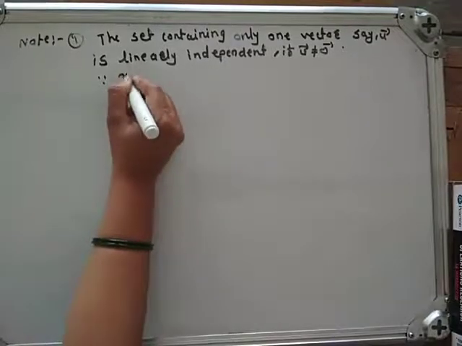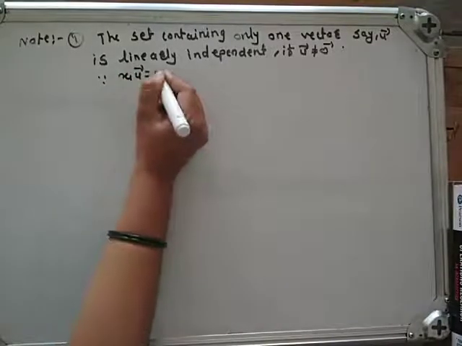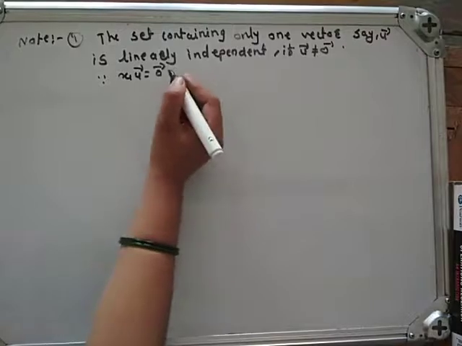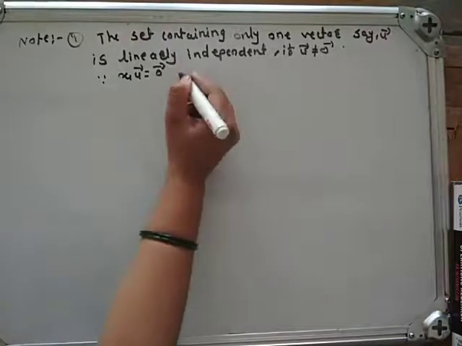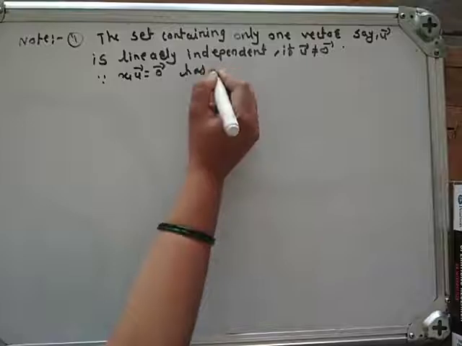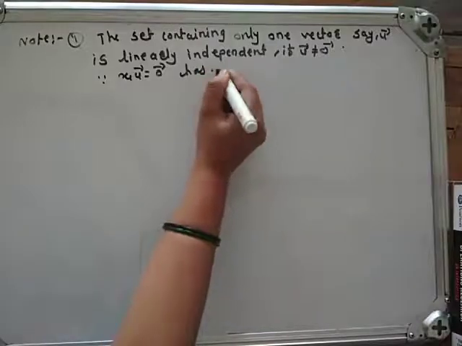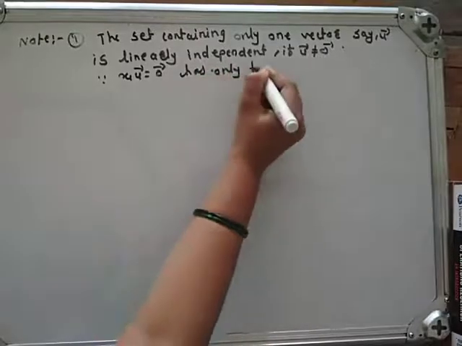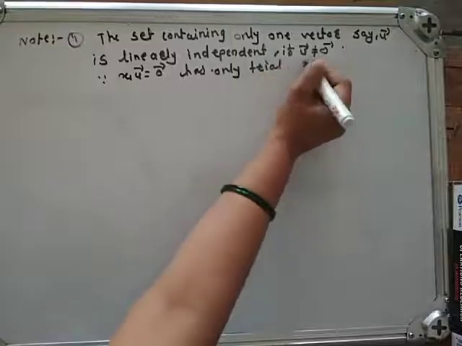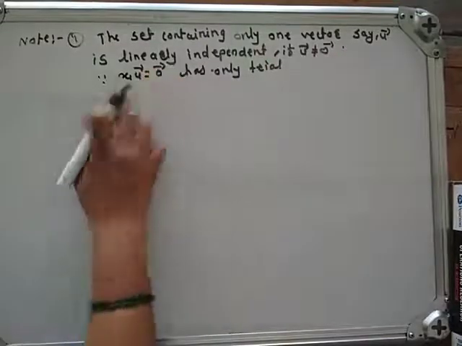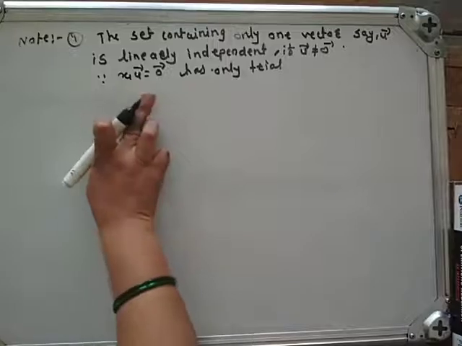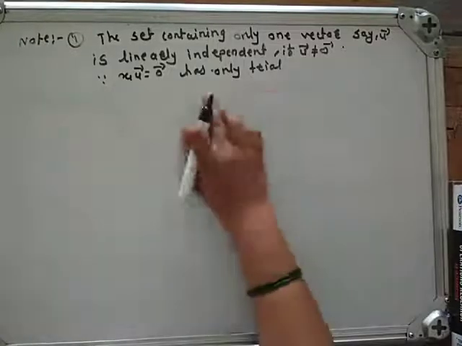Since x1 into u bar is equal to 0 bar has only the trivial solution. Because u bar is not equal to 0, obviously x1 is equal to 0.